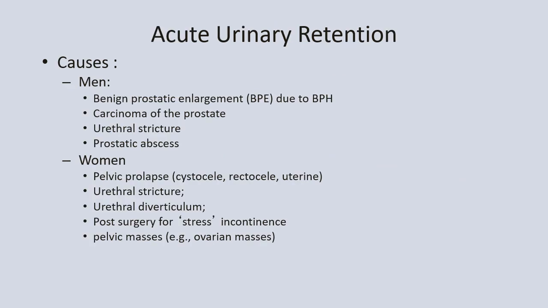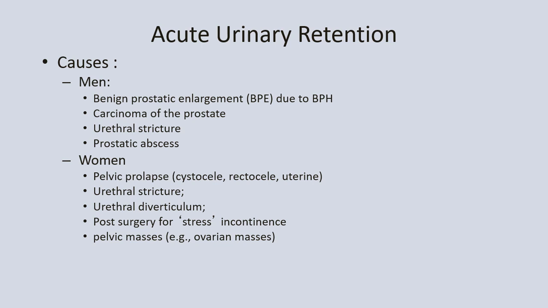Now for urinary retention, we have several different causes and some that are specific for both men and women respectively. Now for men, most causes of urinary retention are going to be related to the prostate in some form. Whereas in women, it's going to be either pregnancy induced, such as post-surgery, or pelvic prolapse, or there could be a urethral stricture.